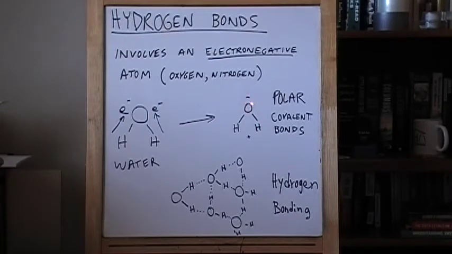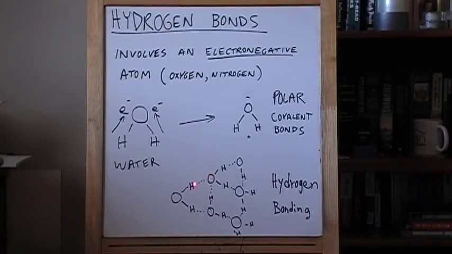side of the molecule. And the effect of that is that when you have many water molecules, the hydrogens will hydrogen bond and form this kind of bonding with the oxygen, because the oxygen is more negative.